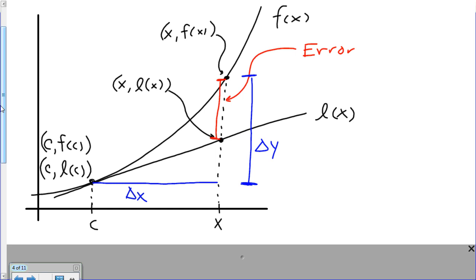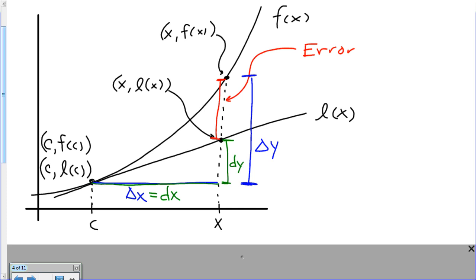Now that is similar to, but not quite the same as, dx and dy. dx is the difference between the x values on my linear function, my tangent line. That would be this distance right here, which is the same as delta x. So the nice thing is that dx and delta x are the same. That won't be true for delta y and dy. dy is the difference in the y values on my linear function, so that's this distance from here to here.